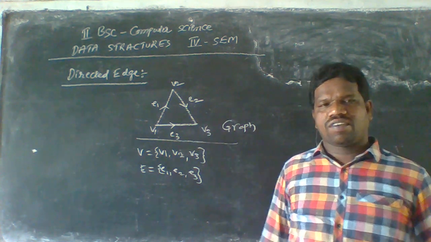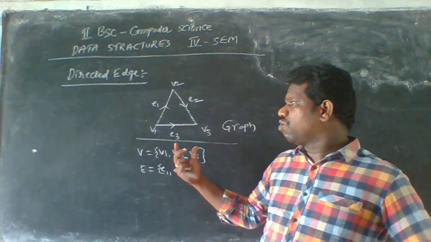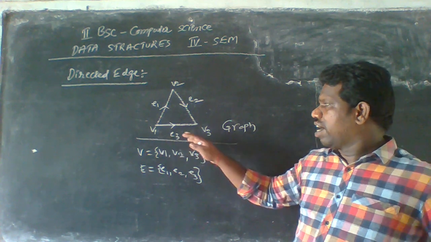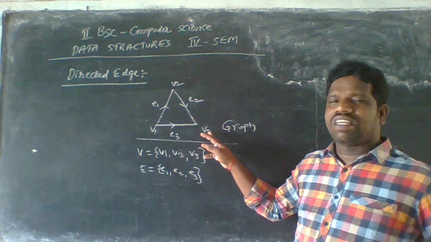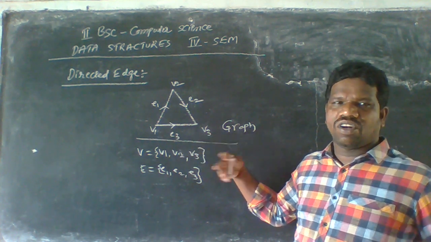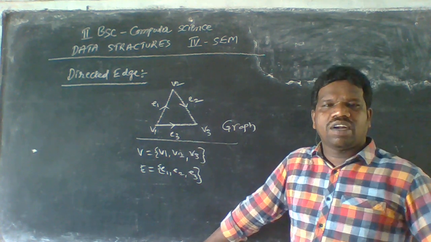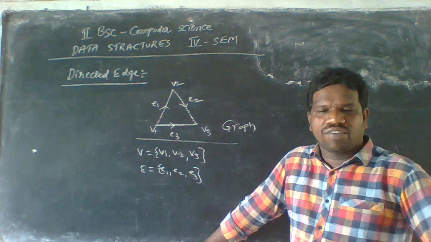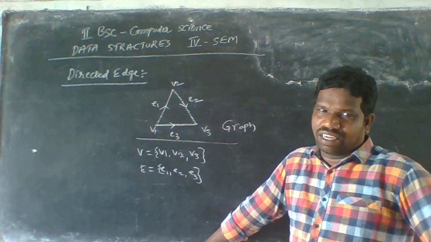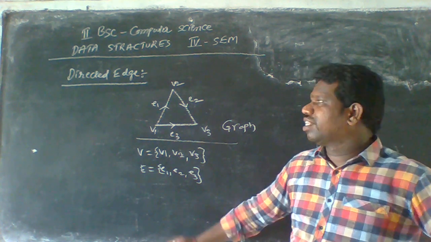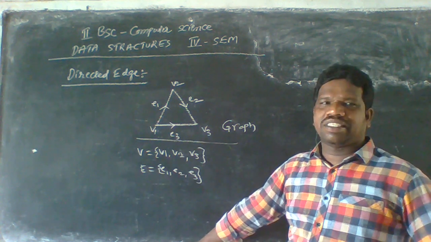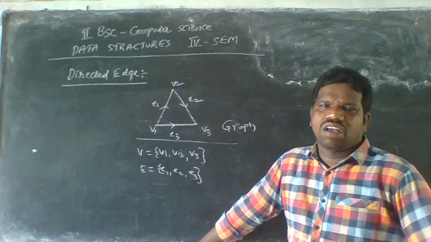vice versa. So here we can go from V1 and visit the V3 node here, but not in the reverse order. So this we simply call a directed edge here. In a directed edge we represent the direction of the edge.